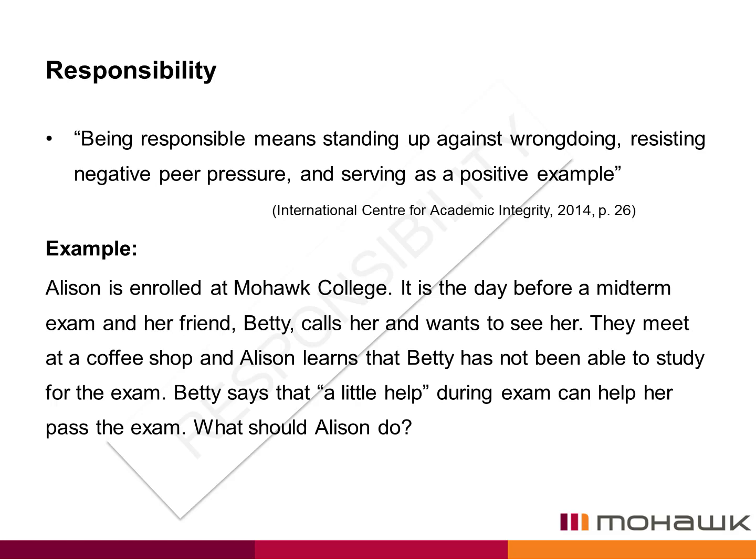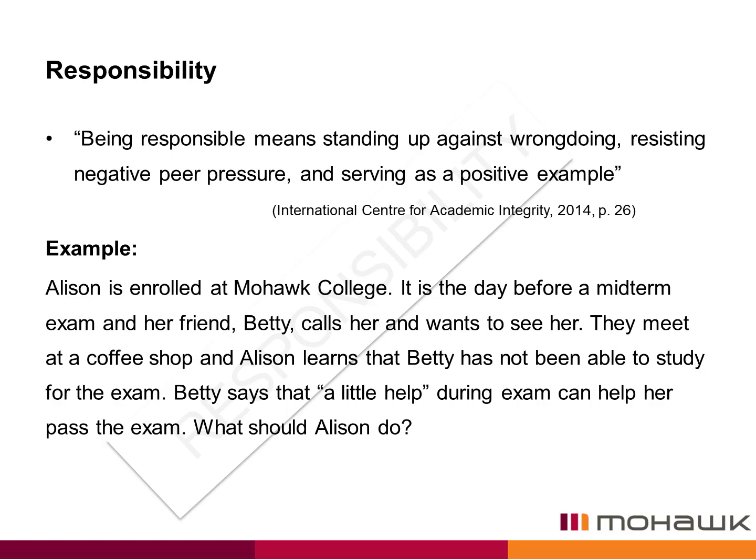Next value of academic integrity is responsibility. Being responsible means standing up against wrongdoing, resisting negative peer pressure, and serving as a positive example. Here is an example. Allison is enrolled at Mohawk College.